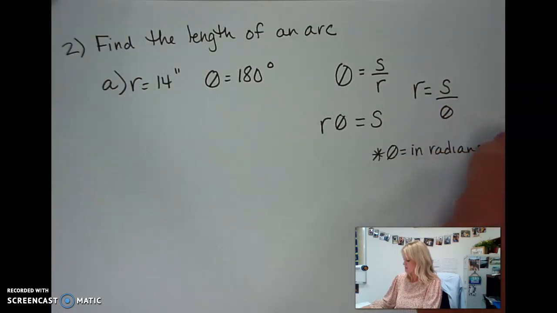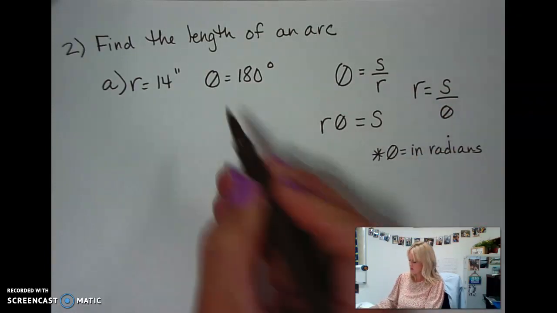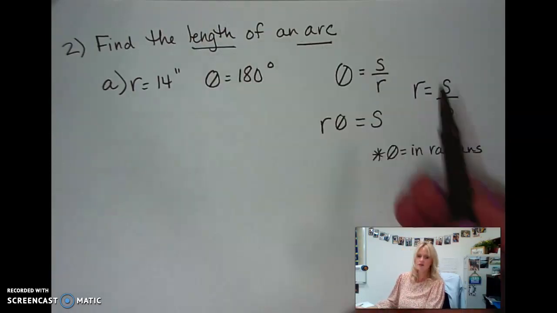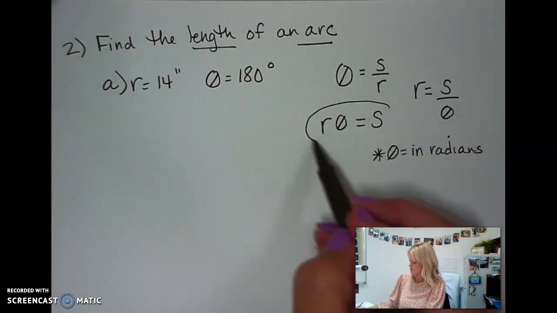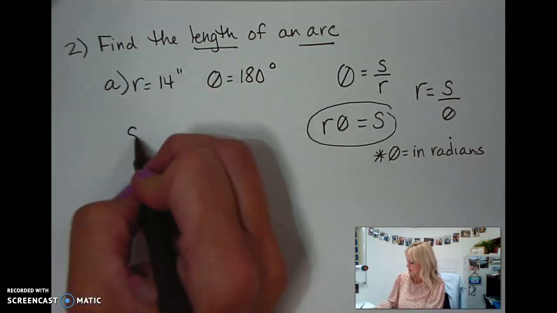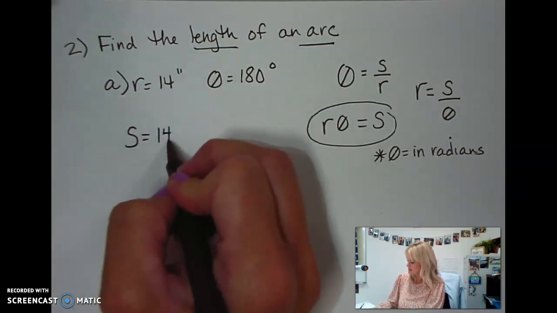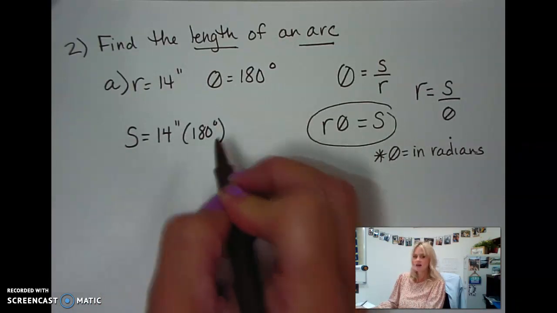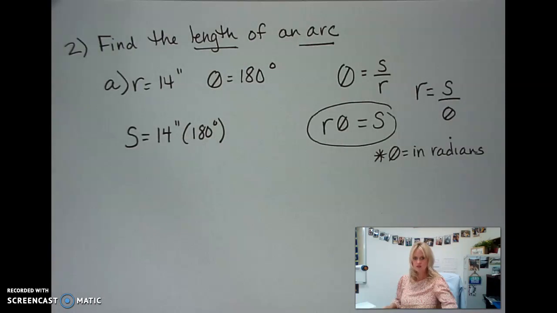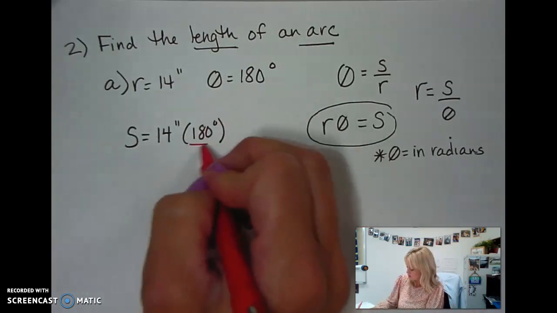So if you look at this first problem, it says find the length of the arc. Remember, that's S. So if I'm trying to find S, I'm going to use this formula right here. S equals the radius times theta, which is 180 degrees. However, we need to convert 180 degrees into radians.